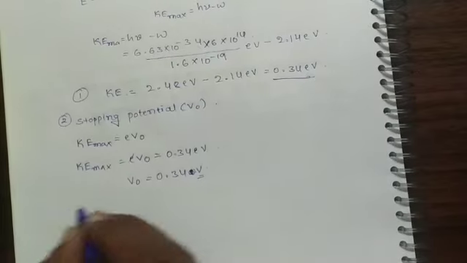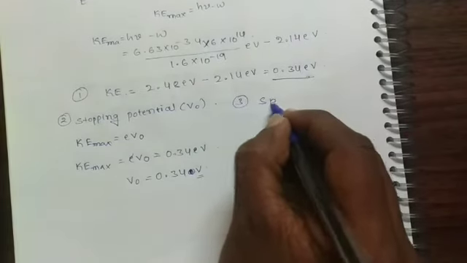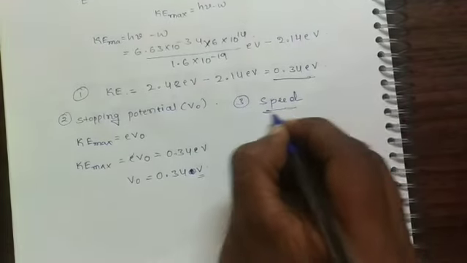Next, the maximum velocity, which means the speed. The third one is the speed, so we want to calculate the speed value.